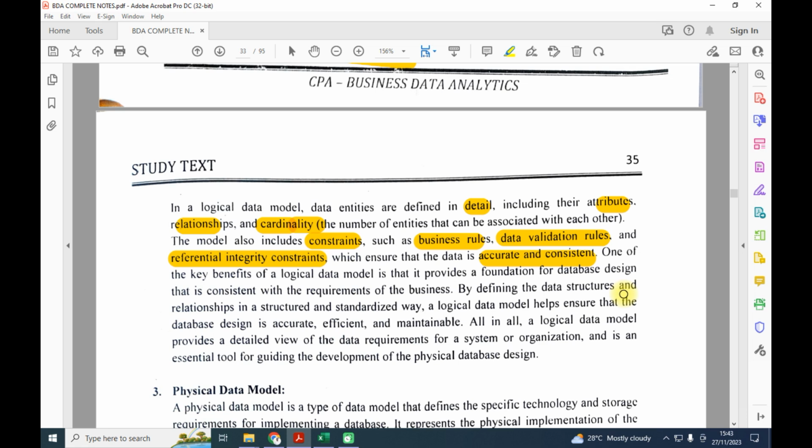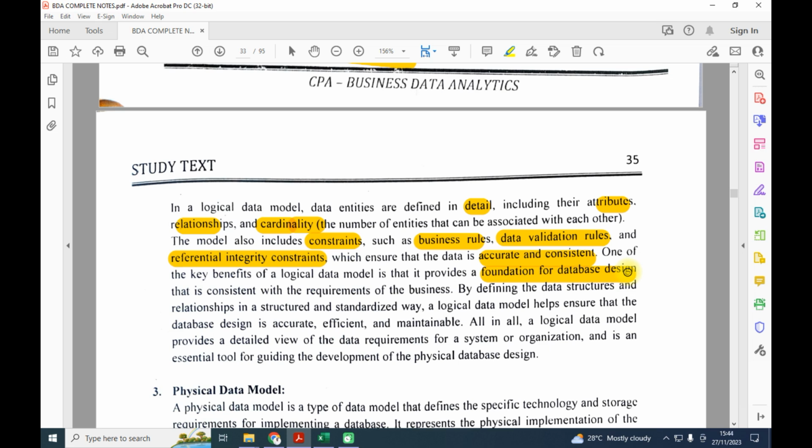One of the key benefits of the logical data model is that it provides a foundation for database design. So it will give us the foundation where we are now designing the actual database, the one that we are calling the physical database. And when you talk about the database, the simplest way to understand a database is to understand Access, because Access is normally a database.